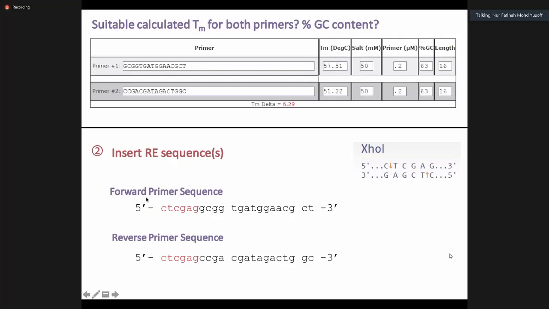So in this case, we have decided what our forward and reverse sequences are. Now we want to insert our site for XhoI. This is the sequence, so we just need to add it in, for example here and here.